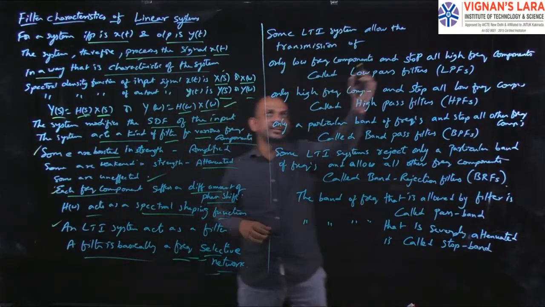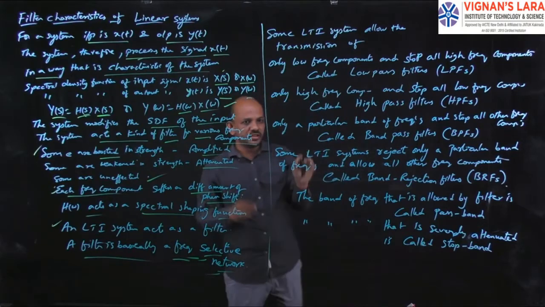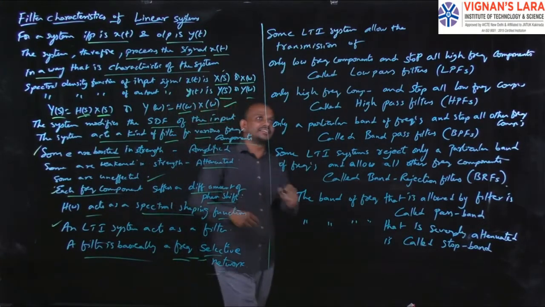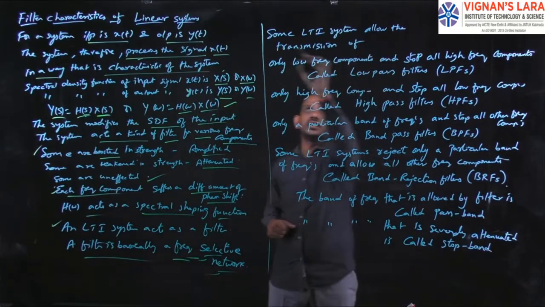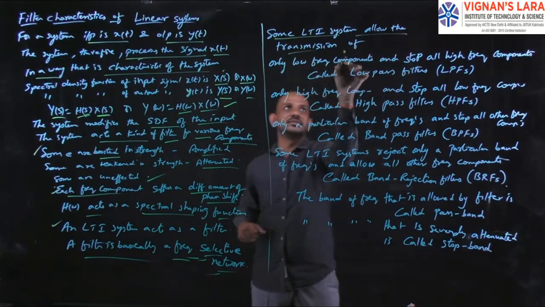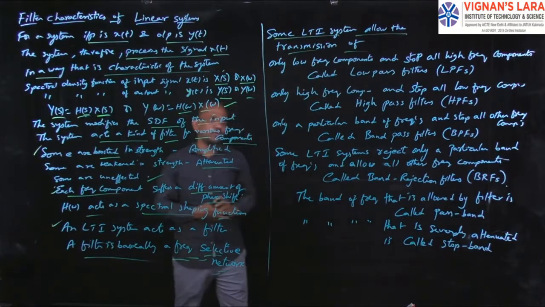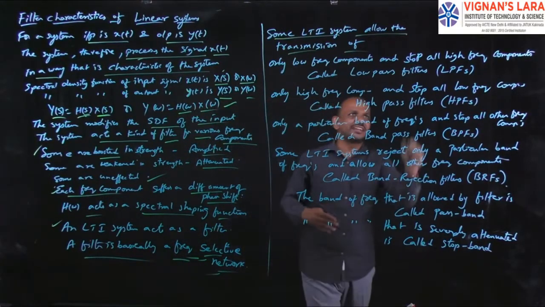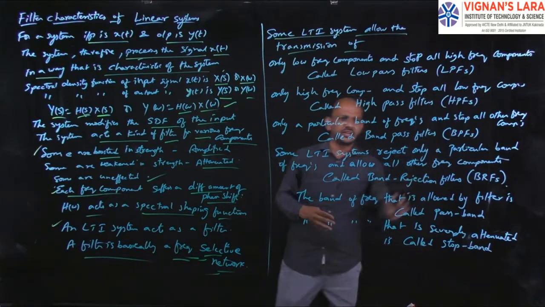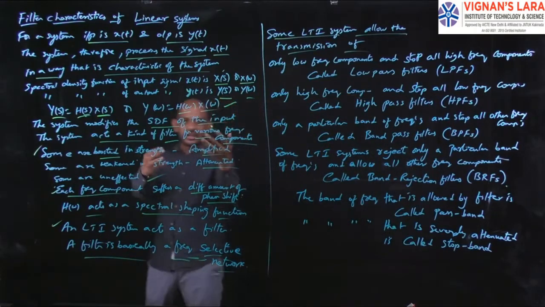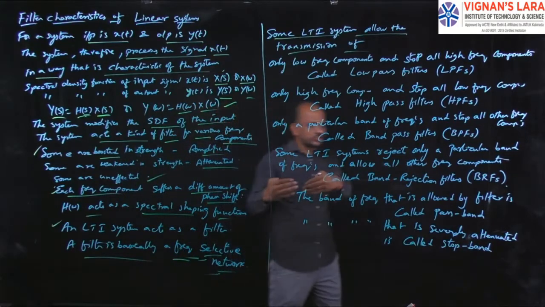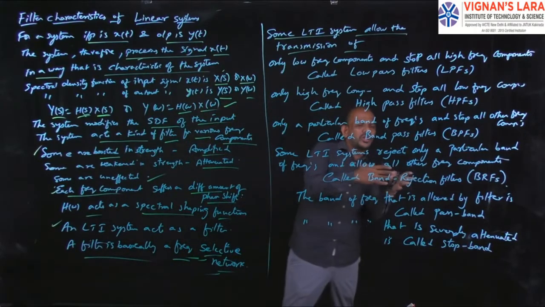I said the LTI system acts as a filter. Some LTI systems allow the transmission of only low frequency components. They allow low frequency components to pass through and stop all the high frequency components.